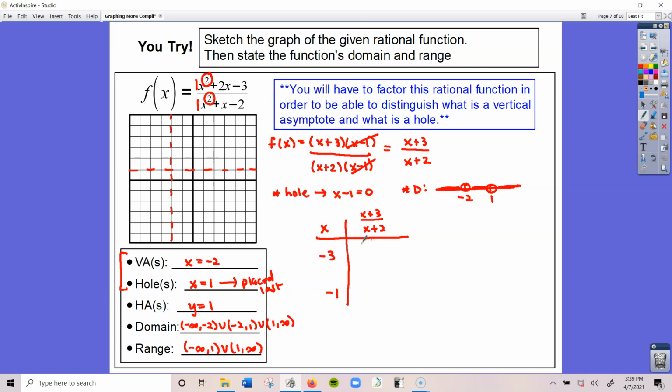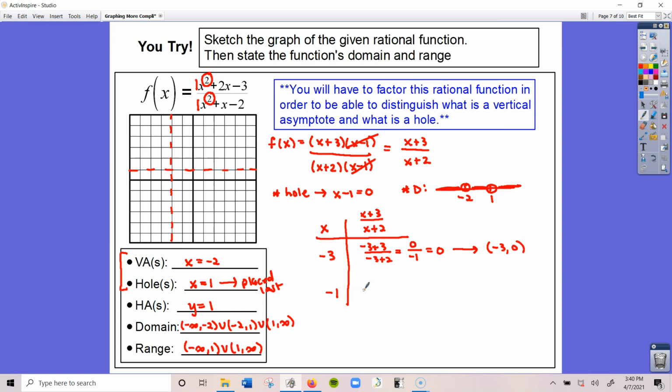So now we plug in these x's into the function. We would get -3 plus 3 over -3 plus 2. -3 plus 3 is 0, divided by -3 plus 2, which is -1. And 0 divided by anything is 0. So I have my first coordinate at -3, 0.